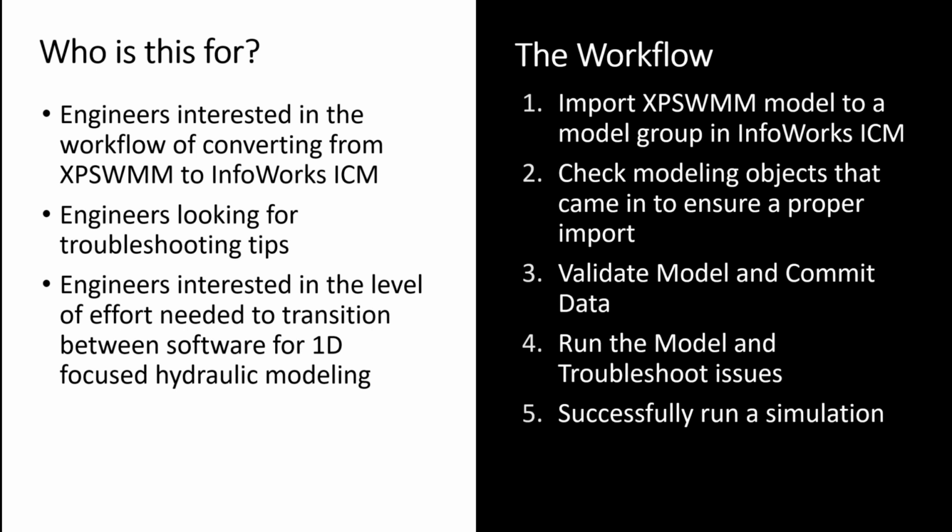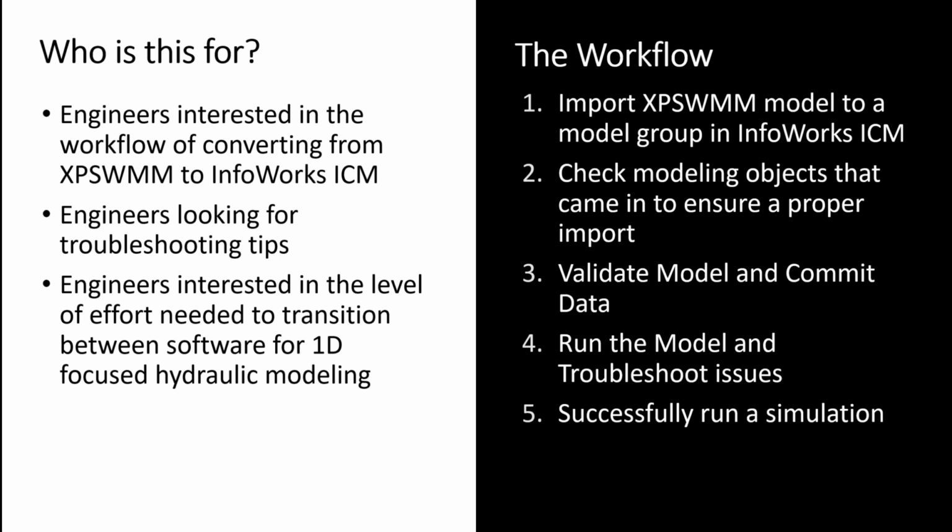So the basic workflow for this is to import the XP SWM model from an XPX file into a model group within InfoWorks ICM. The model group will bring in a number of different things like runs and the network itself to help with the transition process. We're going to check through those modeling objects that came through to ensure that everything needed came through.